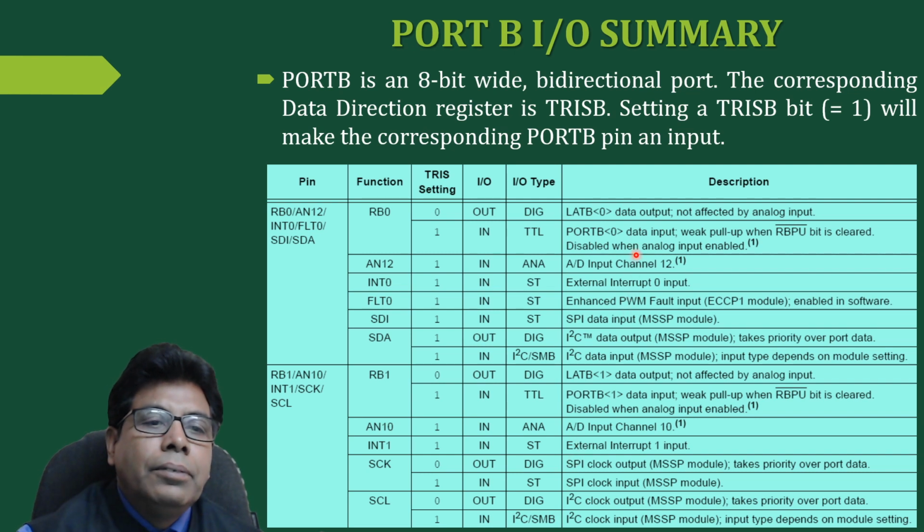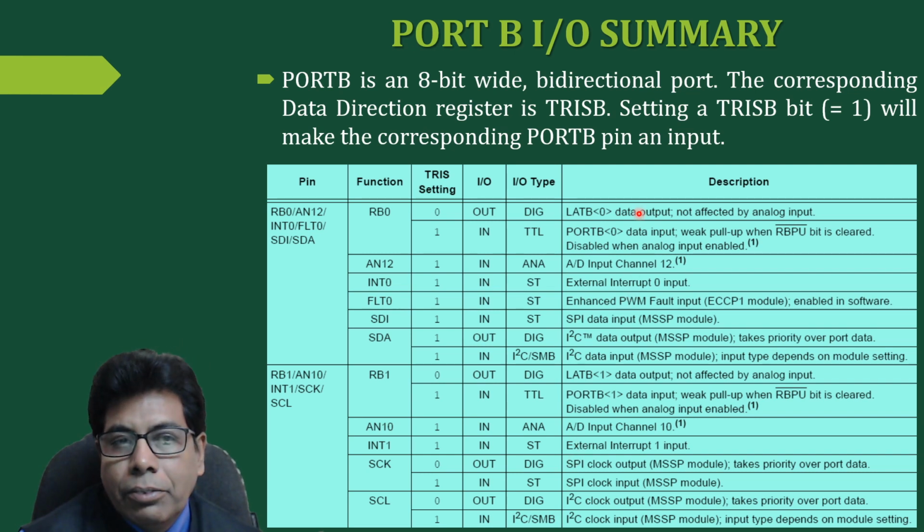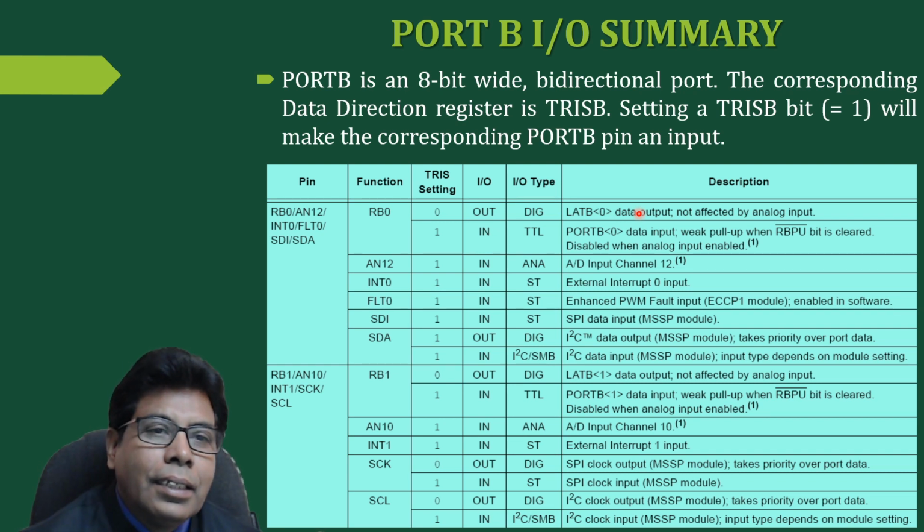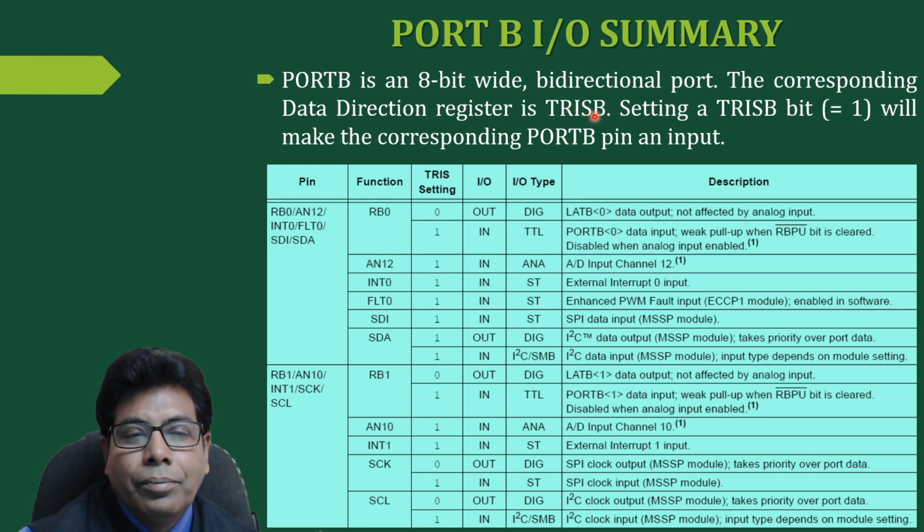Port B is an 8-bit bidirectional port, and the corresponding data direction register is TRISB. So when we are setting the TRIS bit equal to 1, then it will make the corresponding port B pin an input.